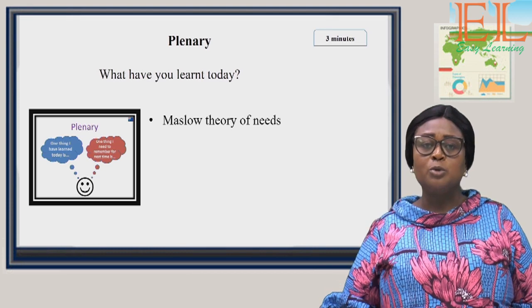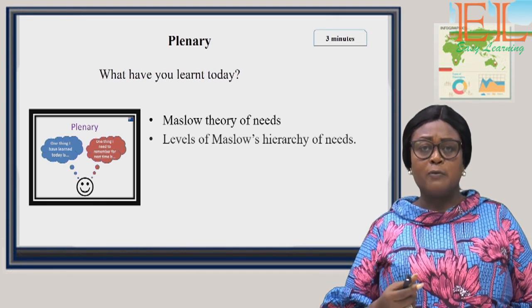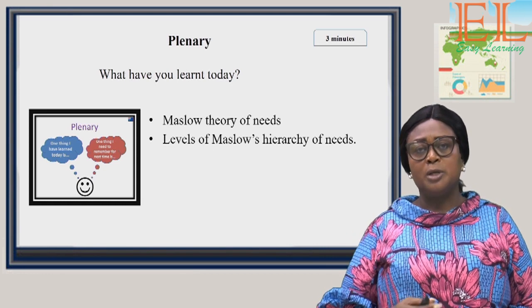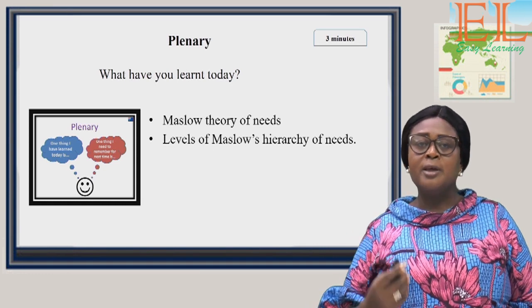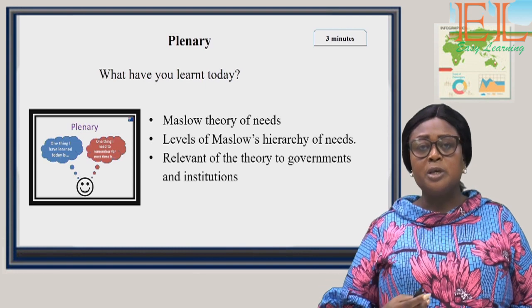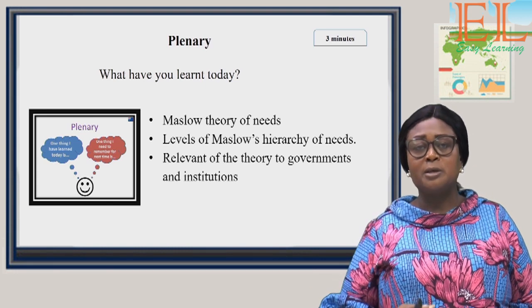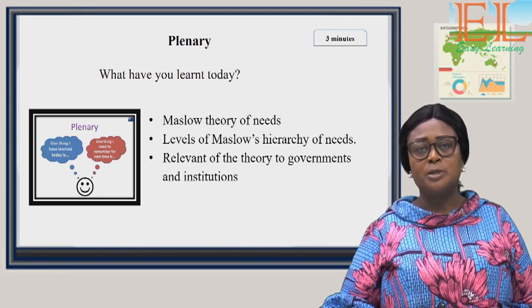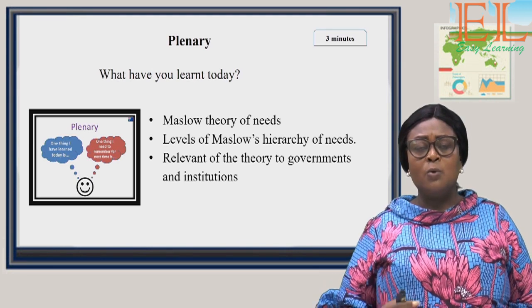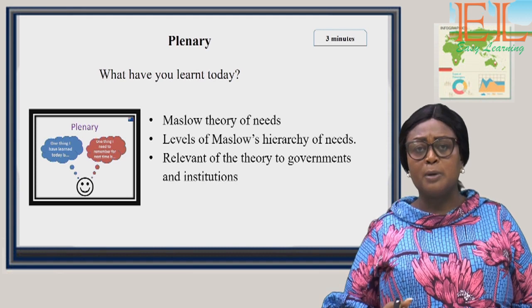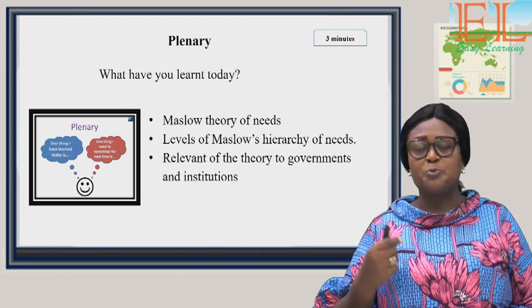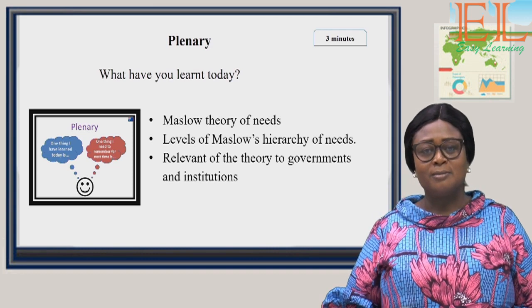We have also looked at the usefulness of the theory to us, to our families, and to the government. And we said the theory is the reason why we undertake investments and savings to ensure our safety and security. It is a reason why we work hard to develop our capabilities so that we can get jobs that are secure to provide us our needs.